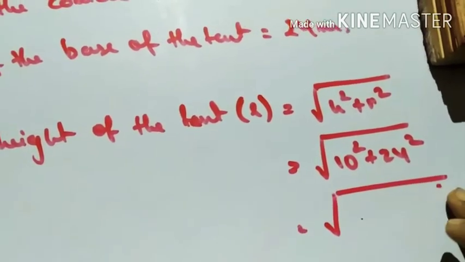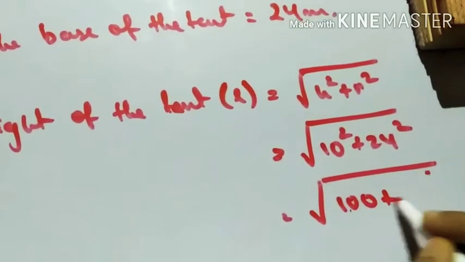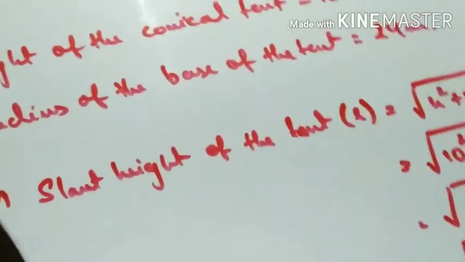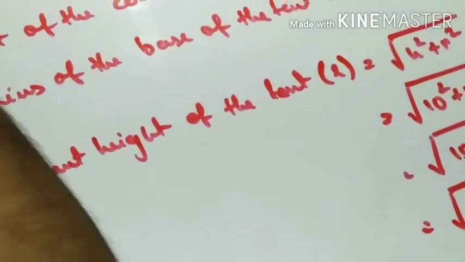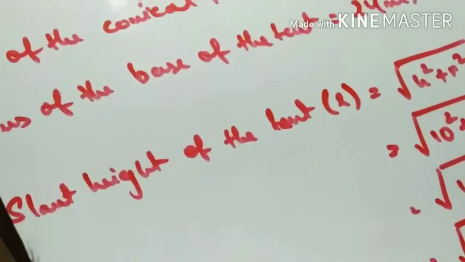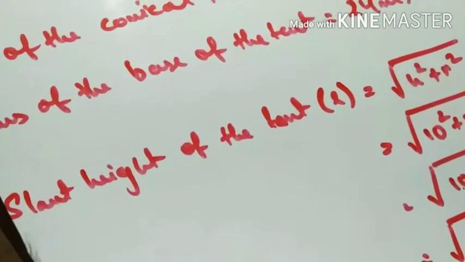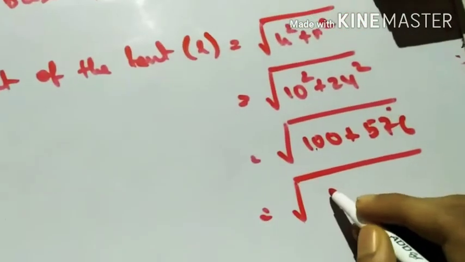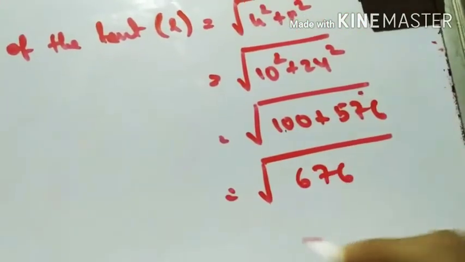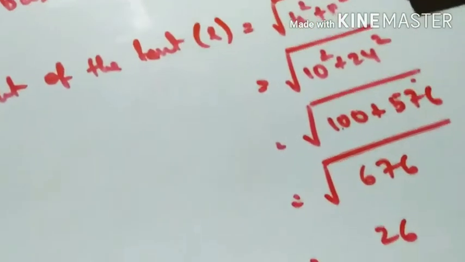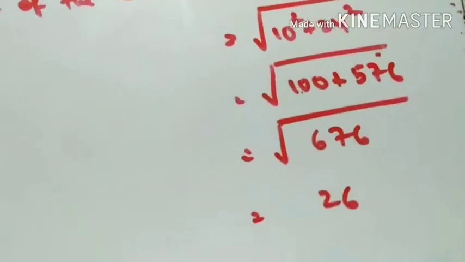Okay, root over 100 plus 576, root over 676, which is equal to 26. Okay, 676 root is 26.